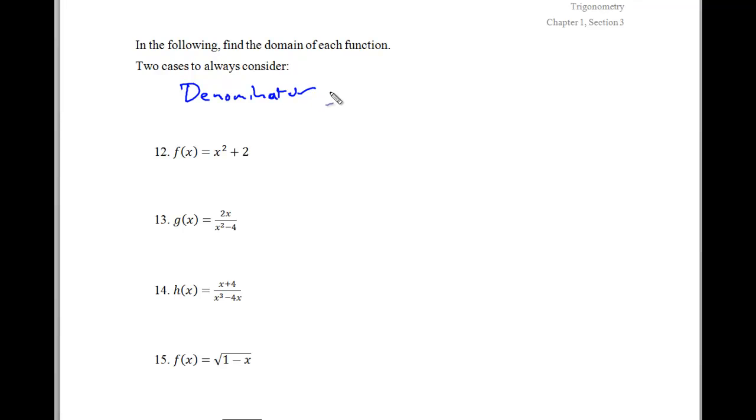So the denominator gives you your divide by 0 error, and that's what you should look out for. Also, if you have a square root, square roots can never be negative. So what is under a square root has to be greater than or equal to 0, because the square root of a negative number is imaginary, and you cannot divide by 0 because that's undefined.